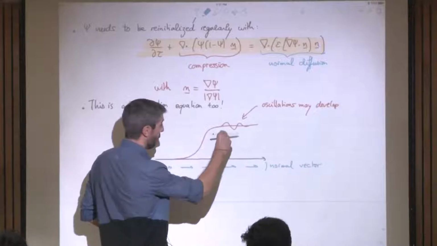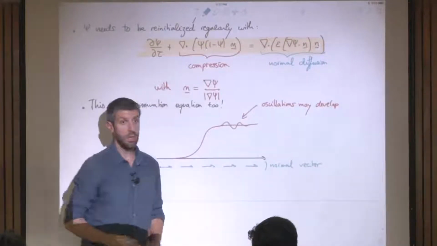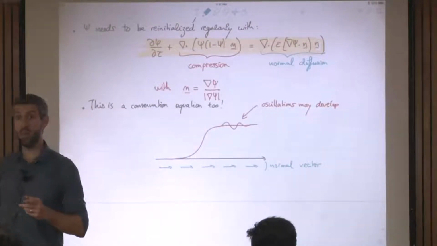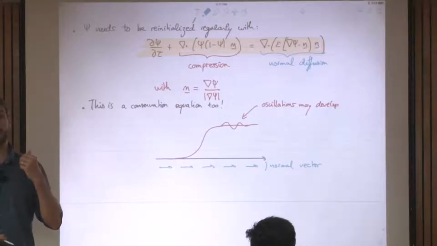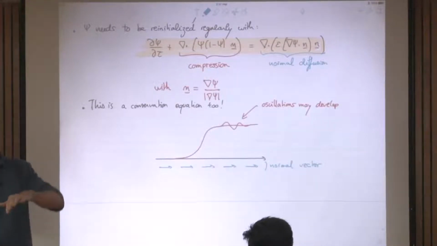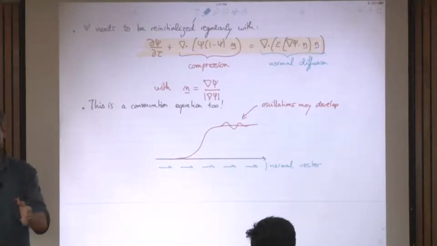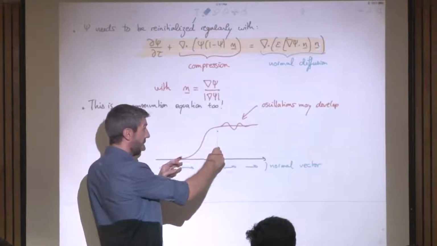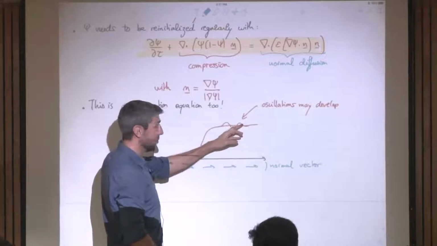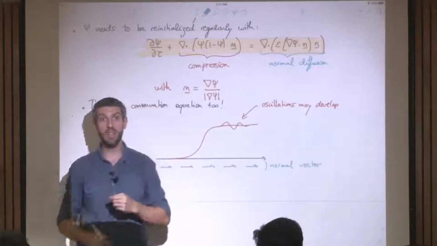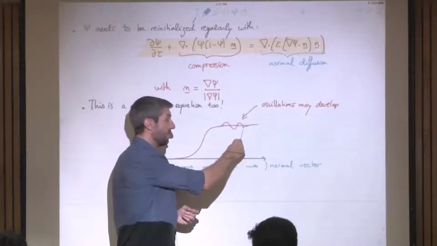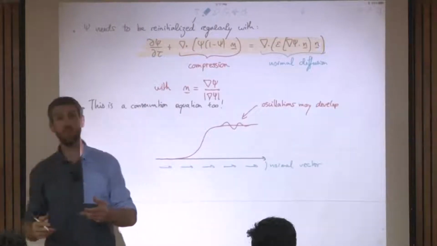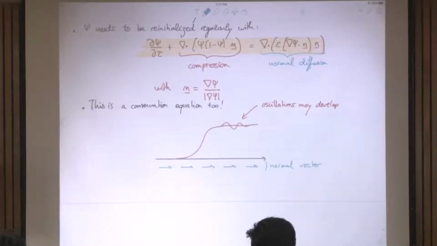Locally here, my normal vector will go the other way. If the normal vector goes the other way, my reinitialization equation that tries to steepen or diffuse the profile to maintain the thickness of the profile, instead of working on my actual profile, will start working on those tiny micro profiles that have developed behind. And suddenly, I'll be maintaining and reinforcing those oscillations. The method becomes completely unstable, everything breaks.